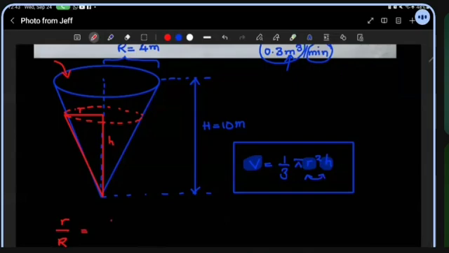The height after the reduction occurs over the height initially before the leak started. So this is what we should have.